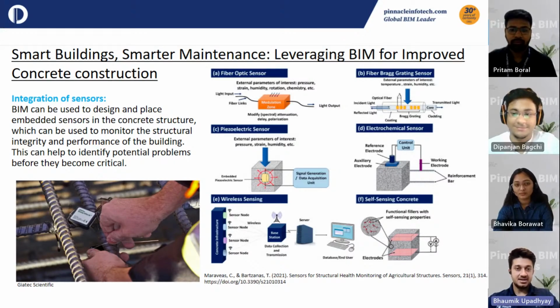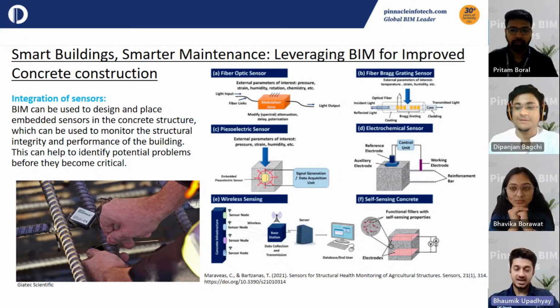By integrating sensor data into the BIM model, designers can monitor the structural health of the building in real time and identify potential issues before they become major problems. This helps to reduce maintenance costs, increase safety, and definitely extend the lifespan of the structure.